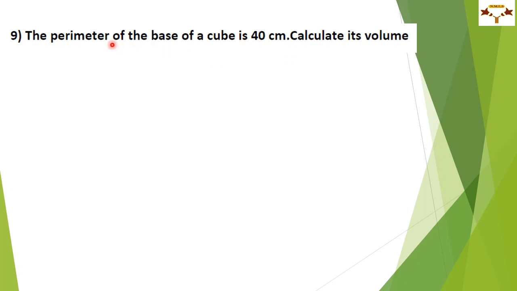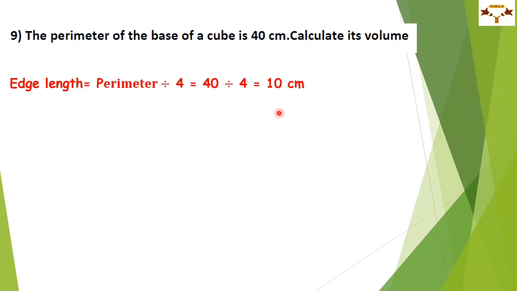Number 9, the perimeter of the base of a cube is 40 centimeters. Calculate its volume. Again, I know that the volume is h times h times h. But here I have the perimeter, I don't have the edge. I know that the perimeter of a base in the shape of a square is side times 4. So to find the edge length, or side length, perimeter divided by 4.